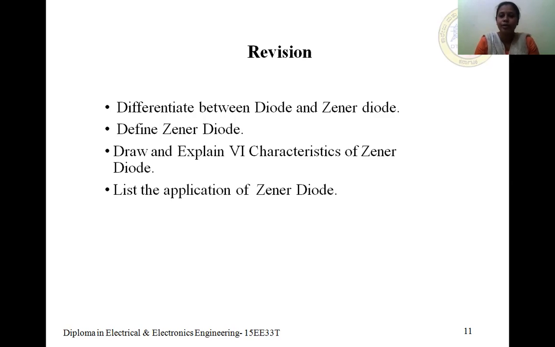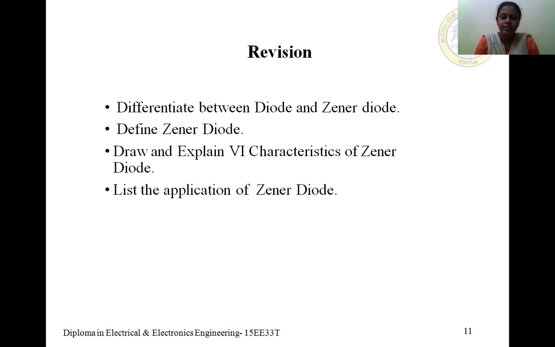Coming to the fourth point, a diode is normally used for rectification, whereas a Zener diode is used for voltage regulation, that is, as regulators or stabilizers. Next, coming to the fifth point, here we are comparing the operation.